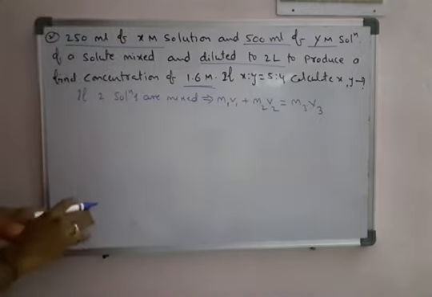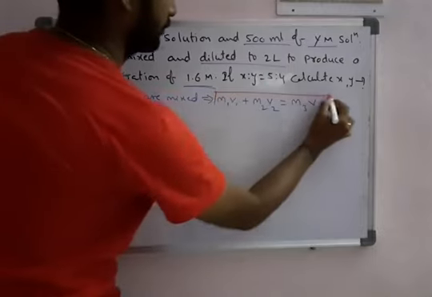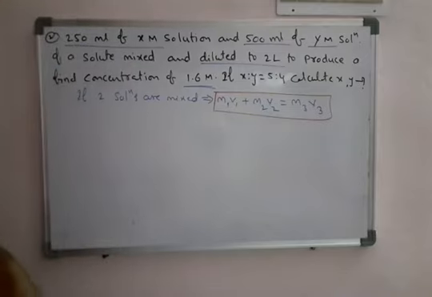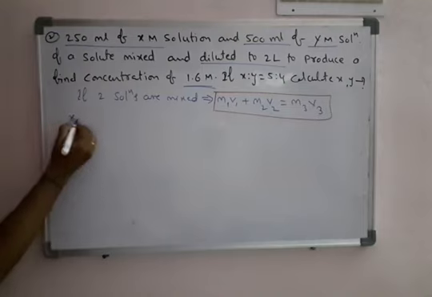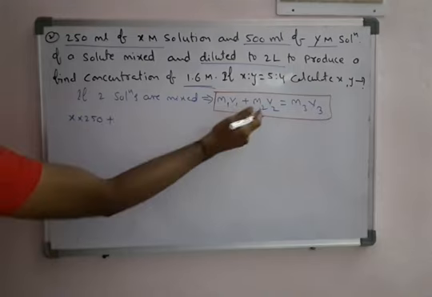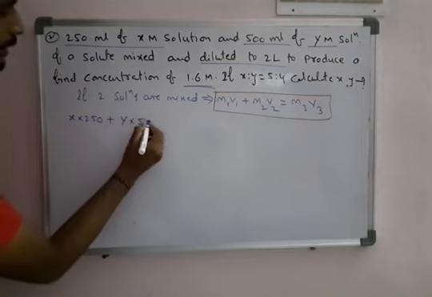Okay, now we substitute them. So what is M1? What is the first concentration? X. What is V1? 250. Plus what is M2? Y into 500.